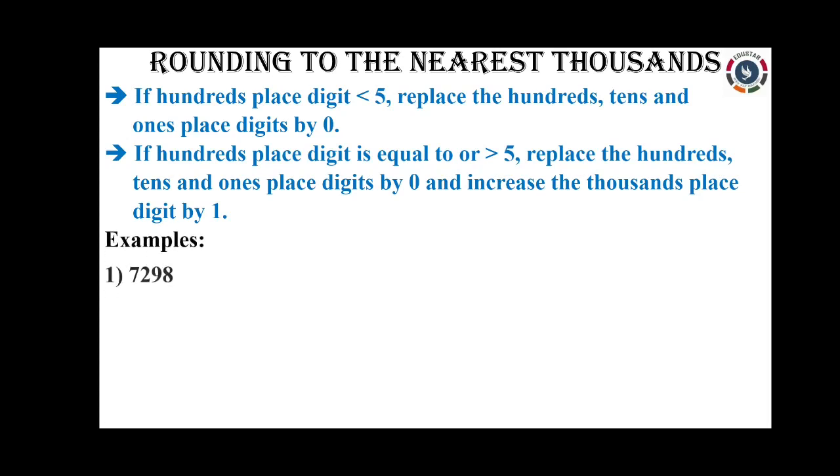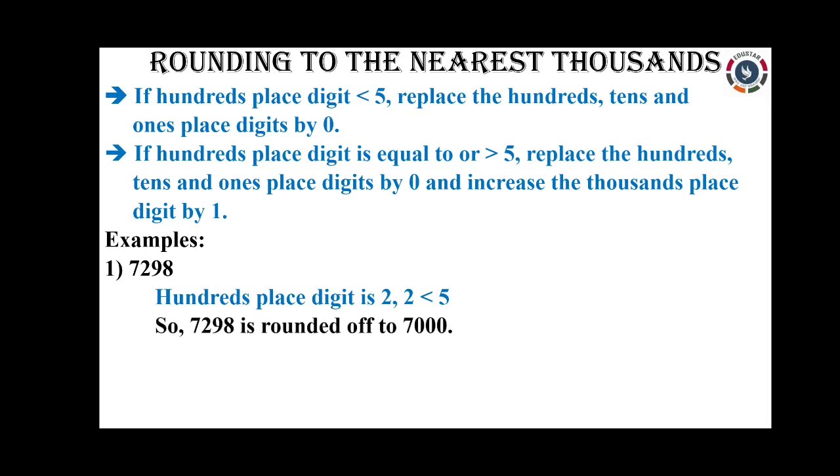First example, 7298. In 7298, hundreds place digit is 2. 2 is less than 5. So, we have to make the hundreds, tens and ones place digit as 0.